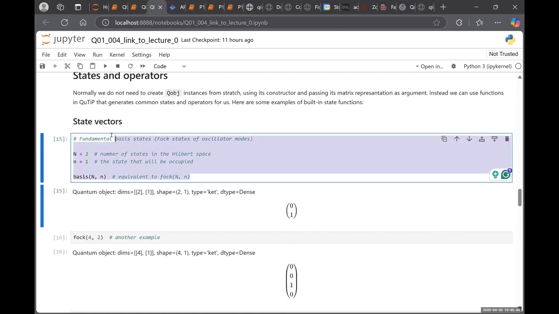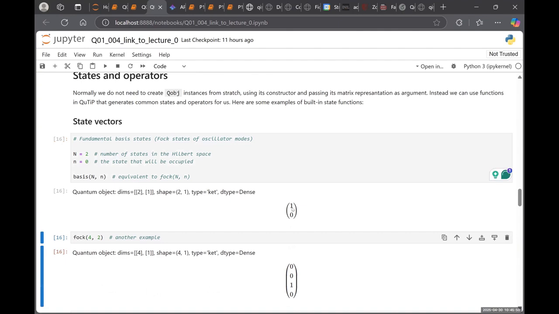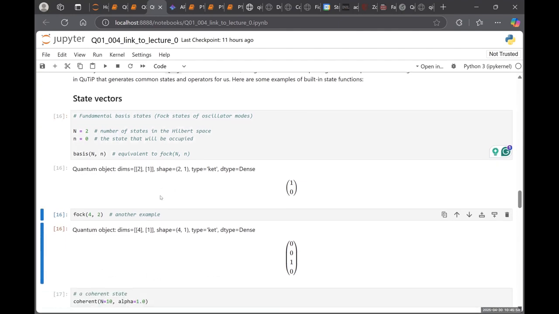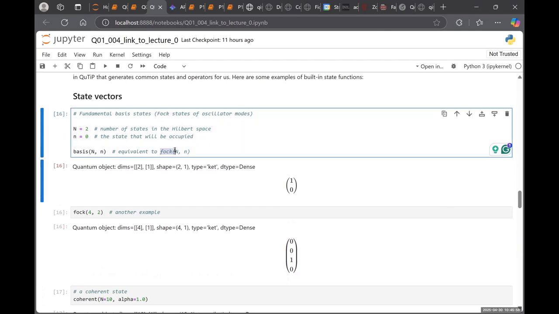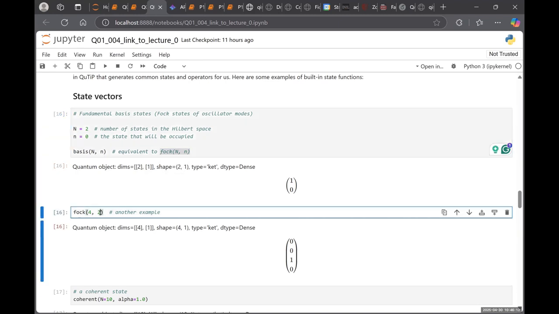And you can also change that. 0 occupied will be this. So it said this is equivalent to Fock space n. The total number you can have is n, and you have how many particles. Okay, so this is 4, 2.